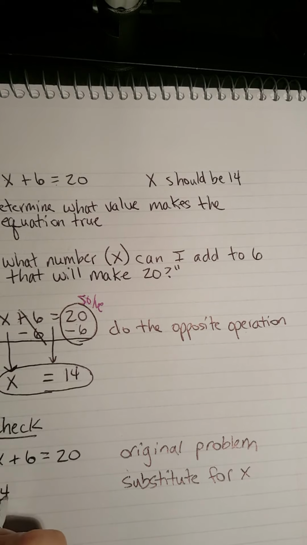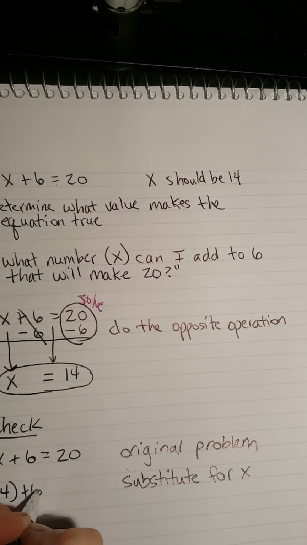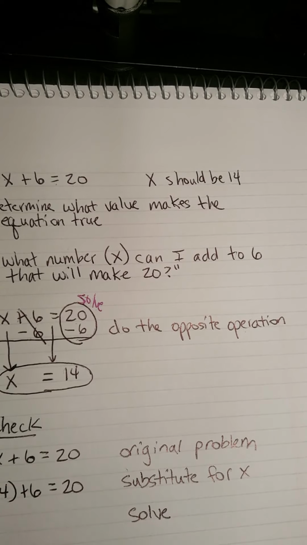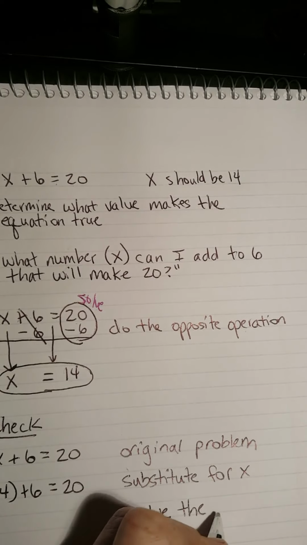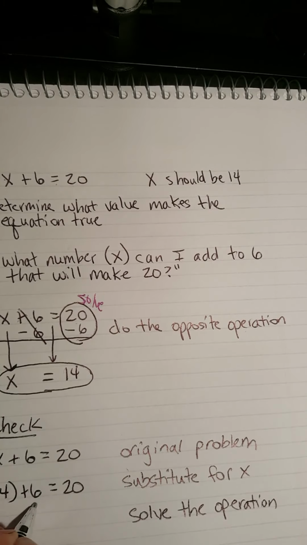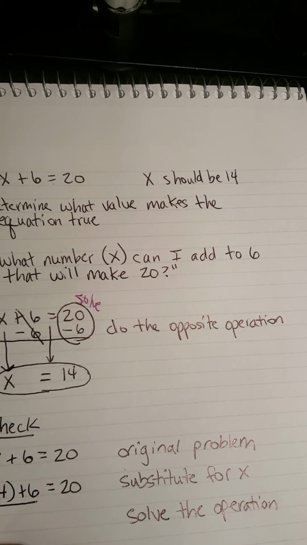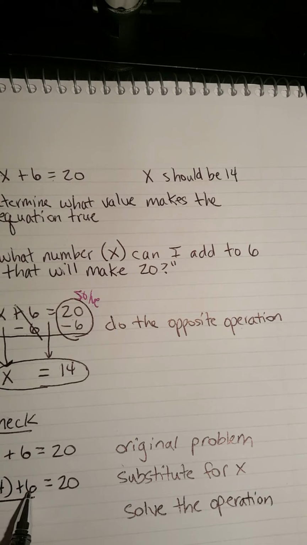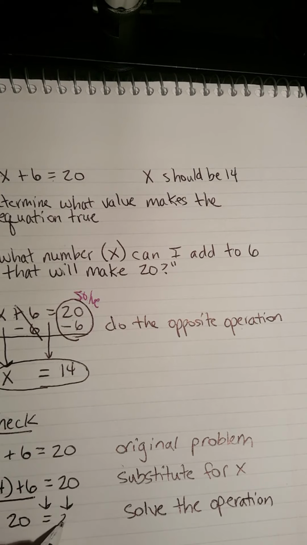So we're going to actually check to make sure that that is a true statement. Then we are going to solve the operation. And the operation for this is a plus. So we're going to solve this in our head. We're going to say 14 plus 6 is equal to 20. Then I'm going to bring down my equal sign and bring down my 20 because these need to match. So I check it off because they do match.